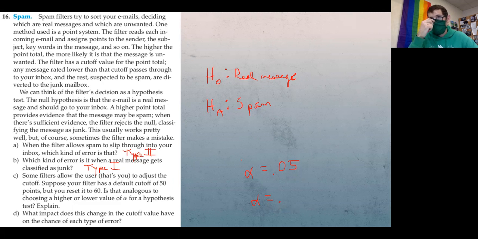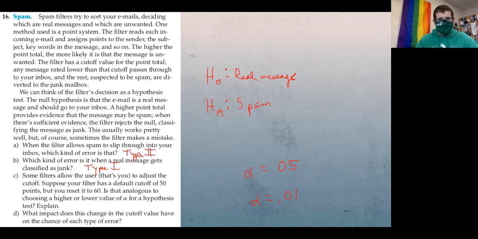We made them all lower. That's like moving from a 0.05 to 0.01. I'm just making up numbers. I'm not saying those numbers actually correspond. But when we go from an alpha significance level of 0.05 to 0.01, we're saying that we want to have a really, really extreme p-value in order to reject the null hypothesis.